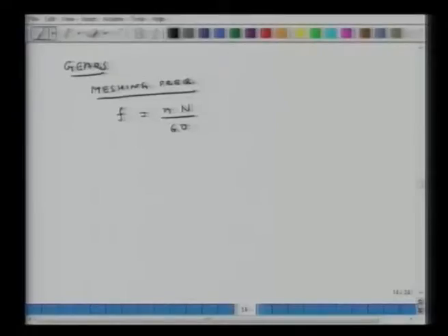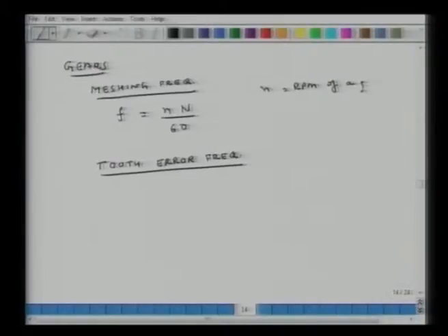And then the other one is tooth error frequency. So what are n or N here? So, n is your RPM of a gear and N uppercase is the number of teeth on the gear whose RPM is n.